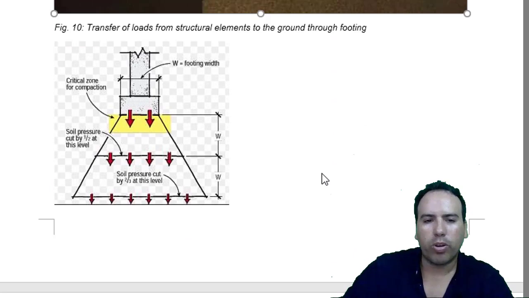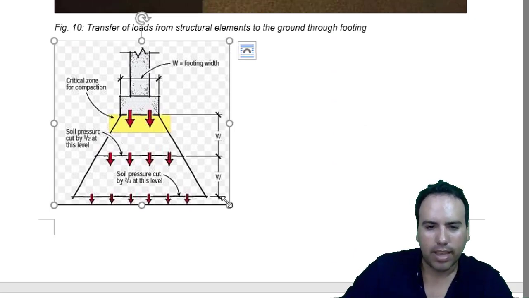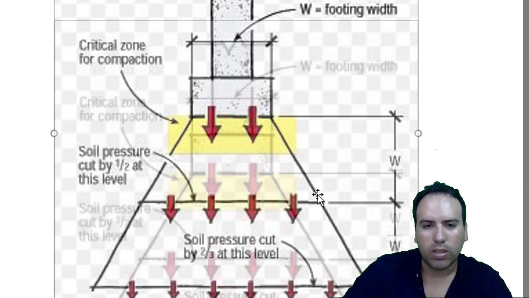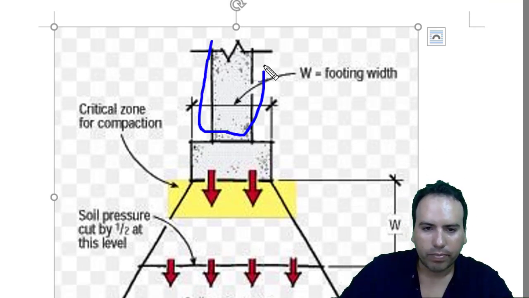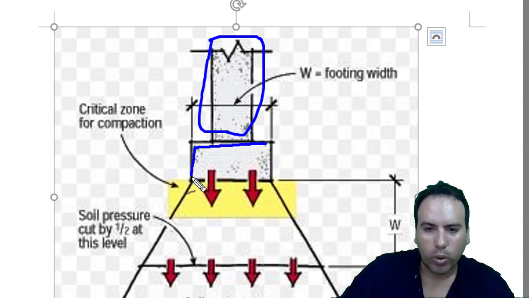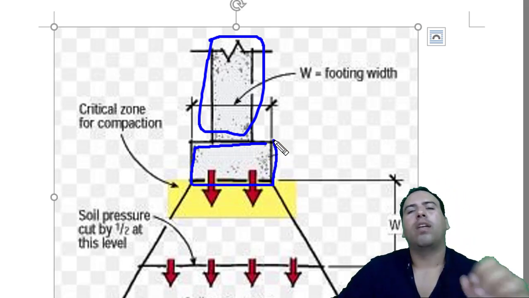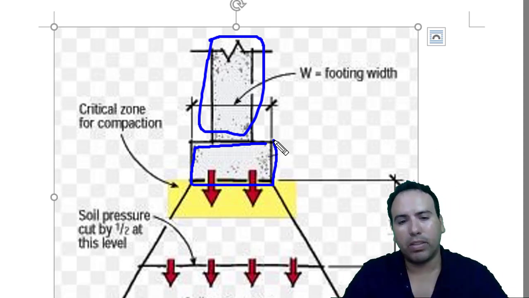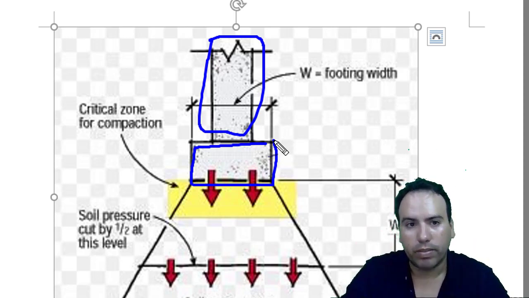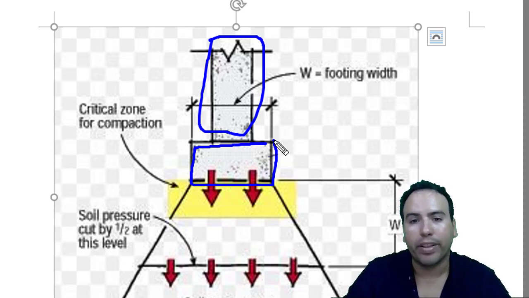And also, you gotta check out this last image because it is very important. You have the column or the neck of the footing, and also the width of the footing, and the main element for the calculation of the footings, the design of the structural elements on the footings, is the capacity of the soil.